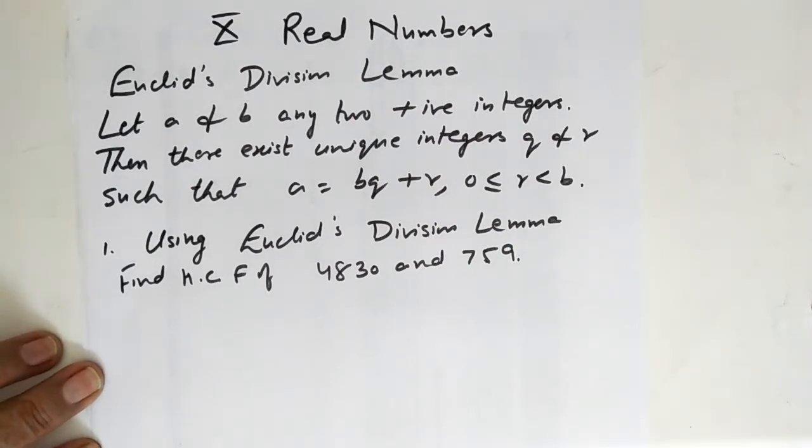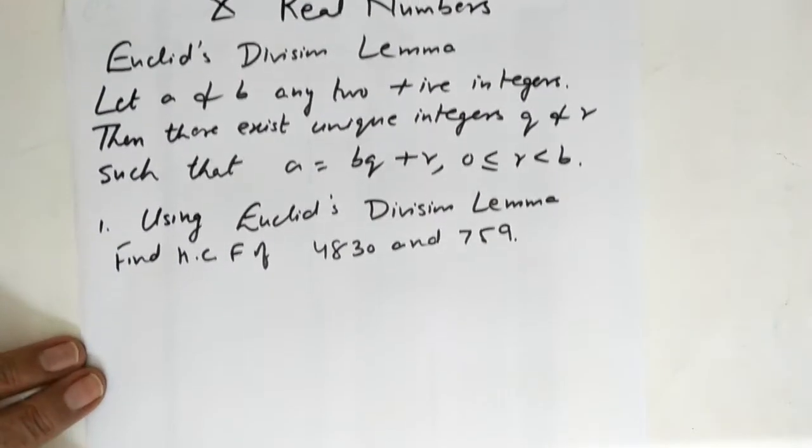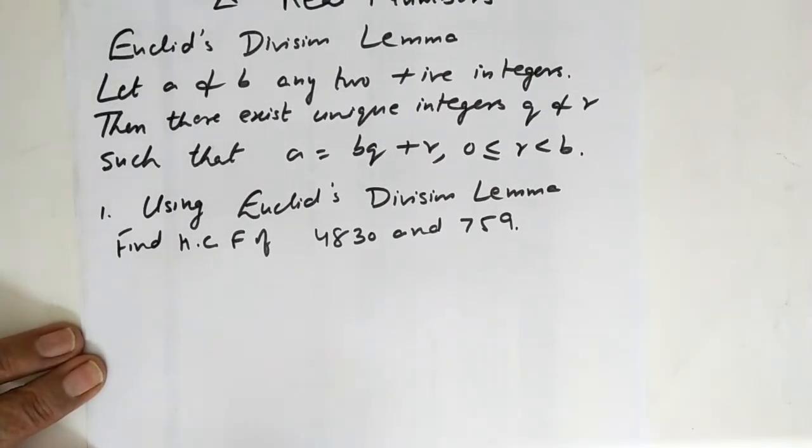Question number 1. Using Euclid's division lemma, find the HCF of 4830 and 759.